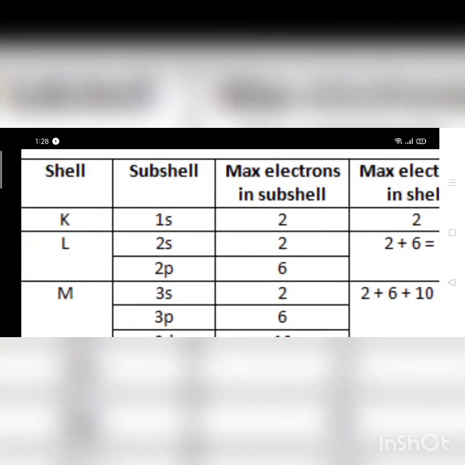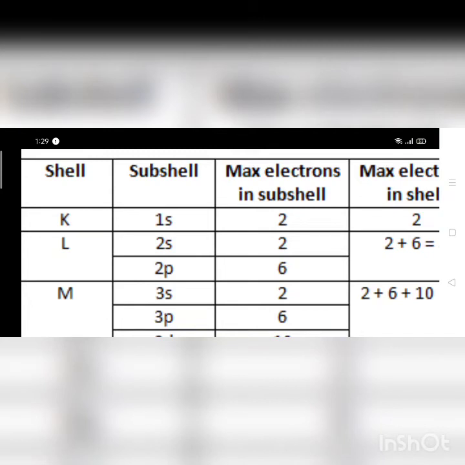There is one thing which is more important. When we write the electronic configuration, we will first fill the lowest energy level. For example, we will first arrange the electrons in K shell, then L shell, and then M shell. Similarly, S, P, D, and F subshells.